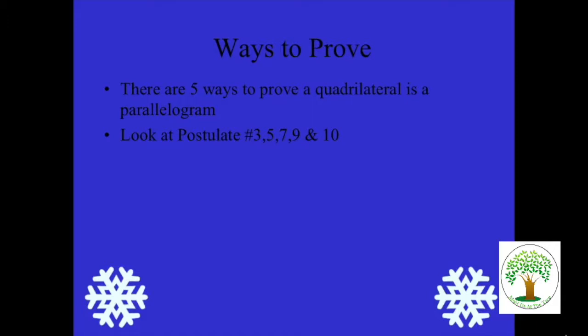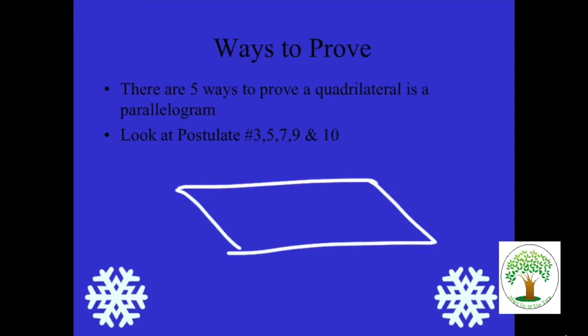Josie, will you read number 7 to me? If an angle of a quadrilateral is supplementary to both of its consecutive angles, then the quadrilateral is a parallelogram. Very good. Let's talk about that one. This one has a little bit different connotation. I'm going to draw a parallelogram.